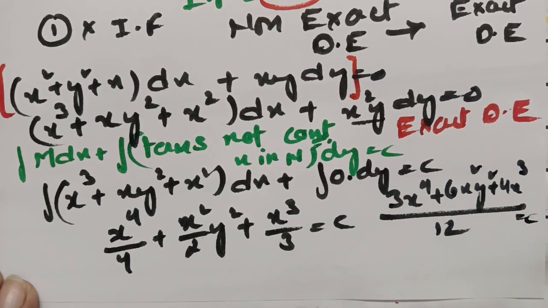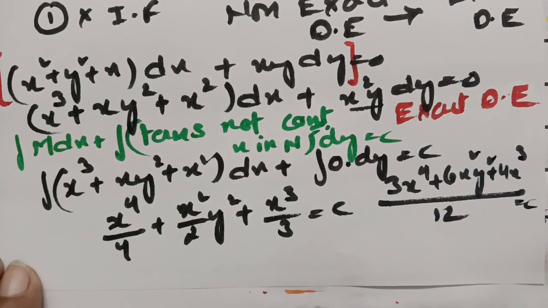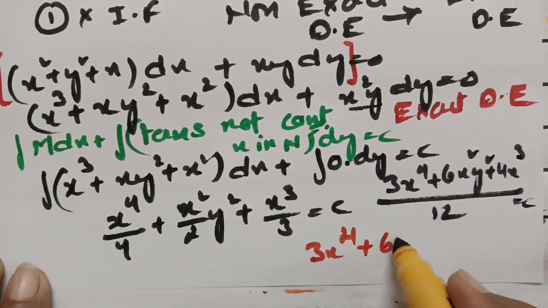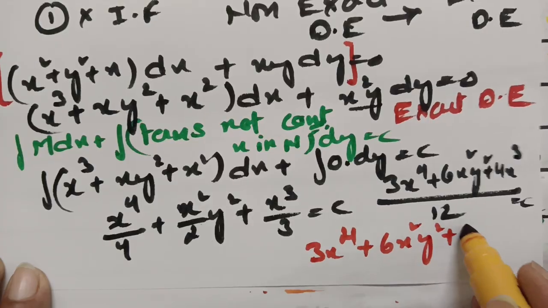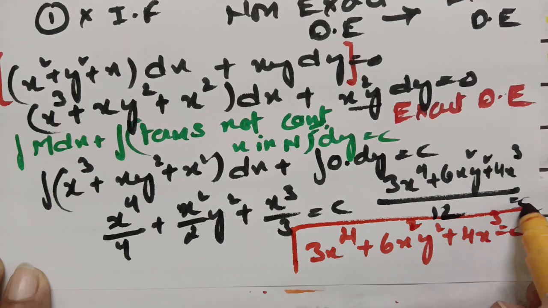If I send 12 to the constant, the value here will be 3x⁴ + 6x²y² + 4x³ = c, and this is the solution for the given differential equation.